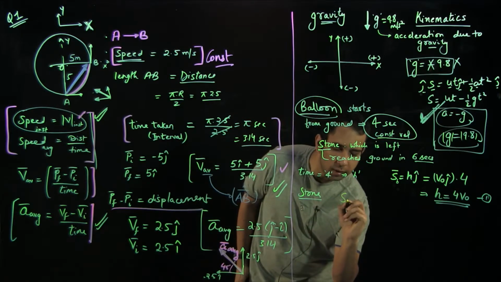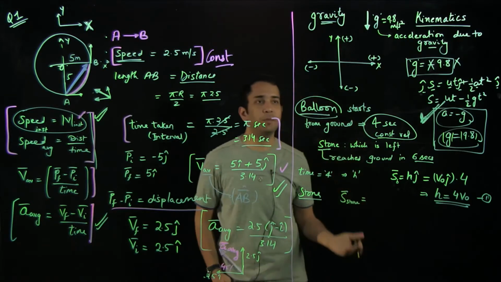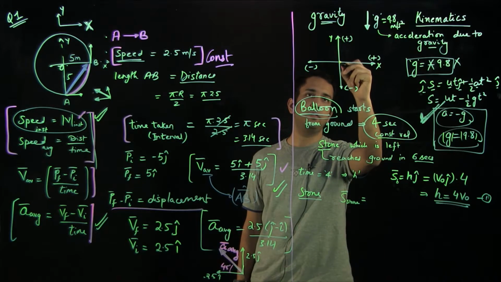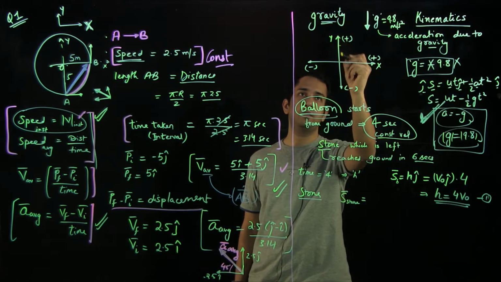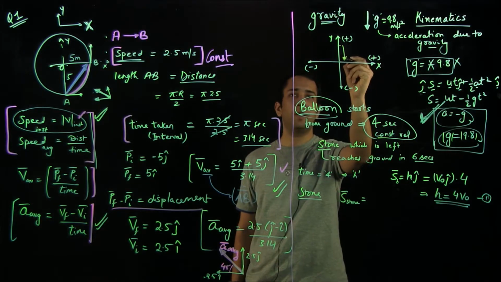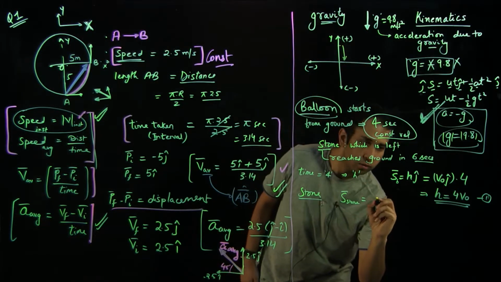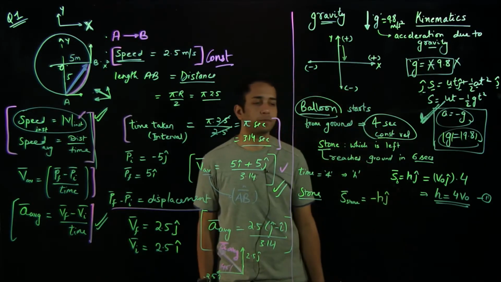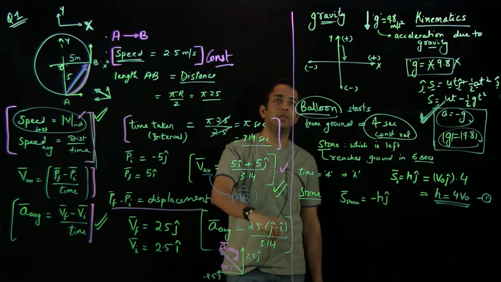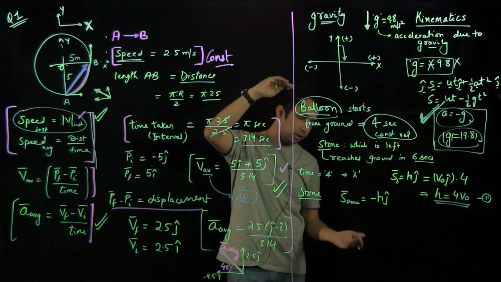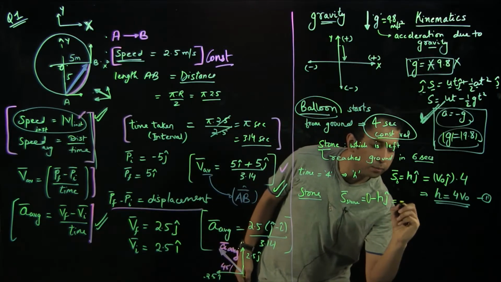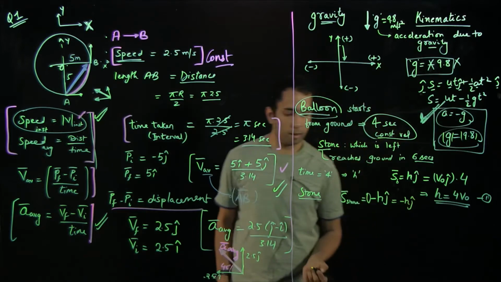So we know that the displacement of the stone should be final position minus initial position, and if the ground is the origin, then the final position was here and the initial position was here. So the displacement vector is in the downward direction. So it should be minus h j cap, because the stone is moving downwards. So the displacement is 0 minus h j cap, which gives us minus h j cap.